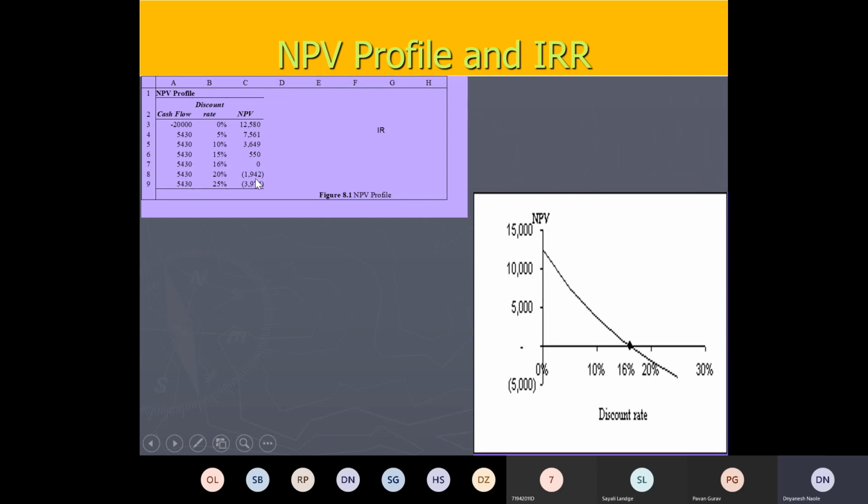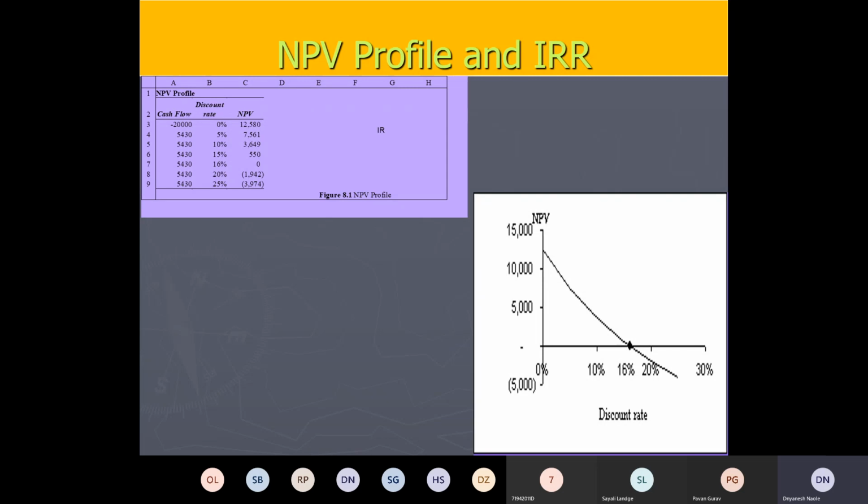So the acceptance rule is basically that the opportunity cost of capital, that is K, should be less than the internal rate of return.